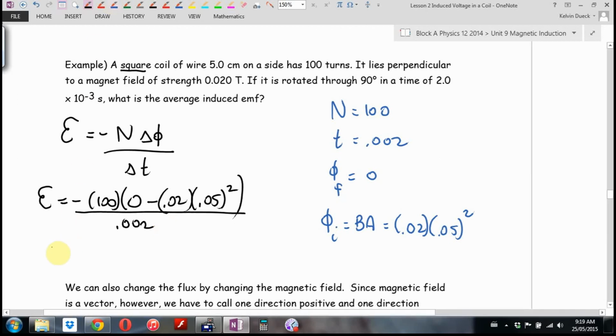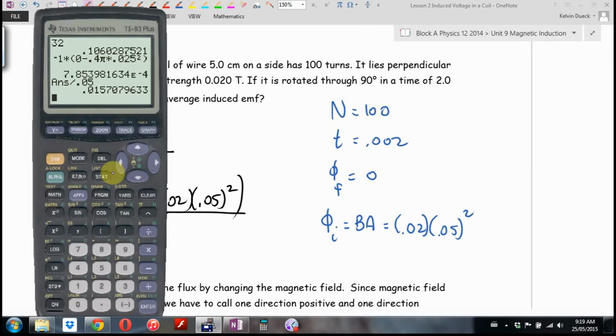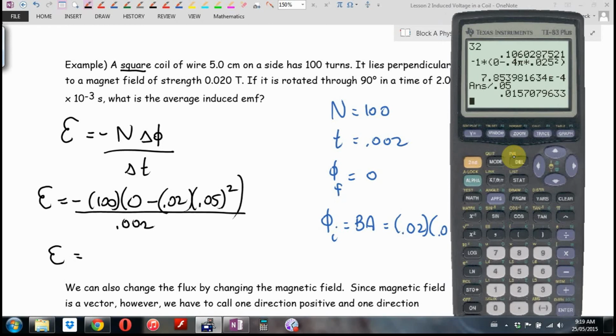I think this one you get a little more impressive voltage. Negative 100 times 0 minus 0.02 times 0.05 squared divided by 0.002.